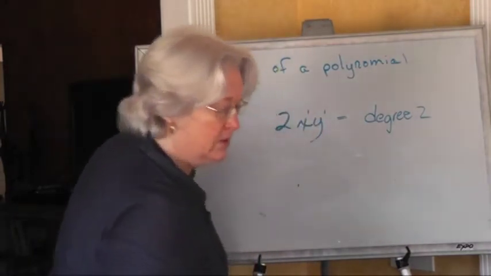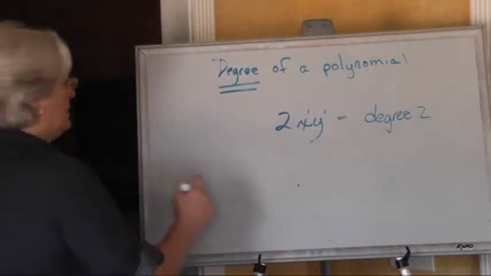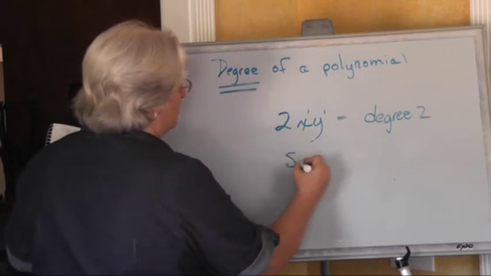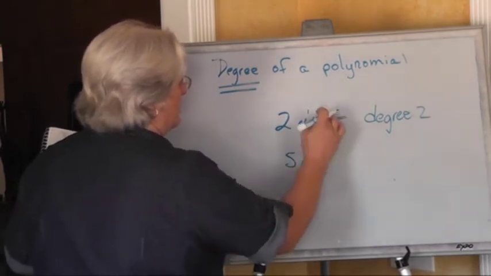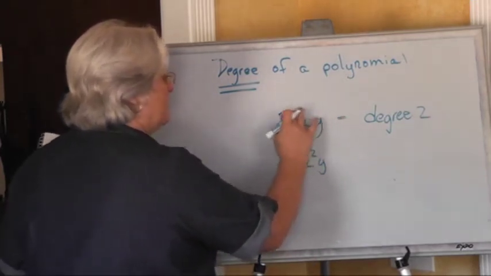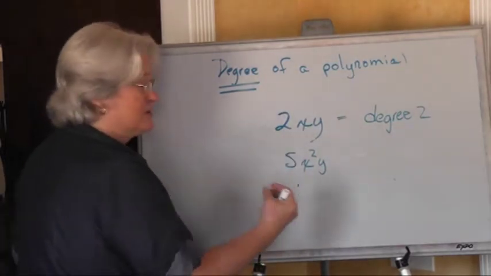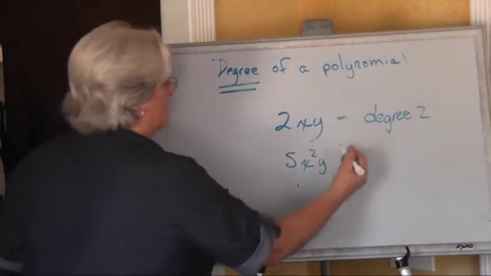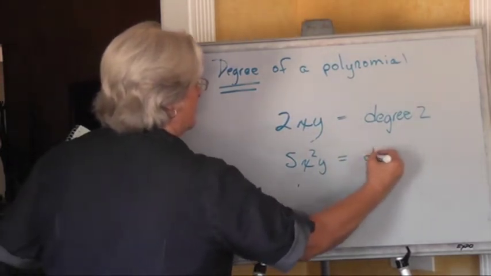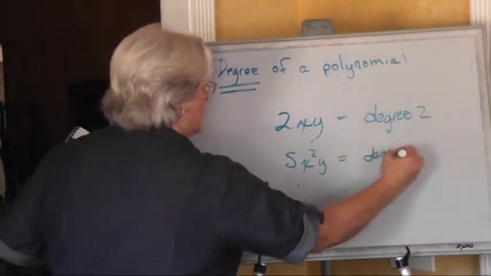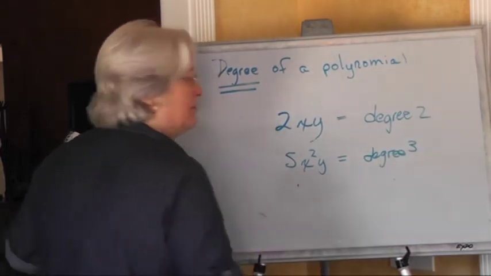Okay, now let's see if we have 5x squared y. What would the degree of this polynomial be? It's easy. You don't count the degree of just a single constant term. Then you just add the exponents on the variables. This is degree 3.